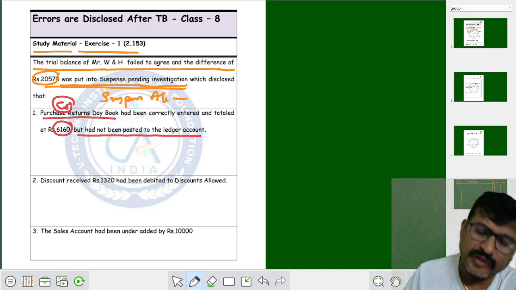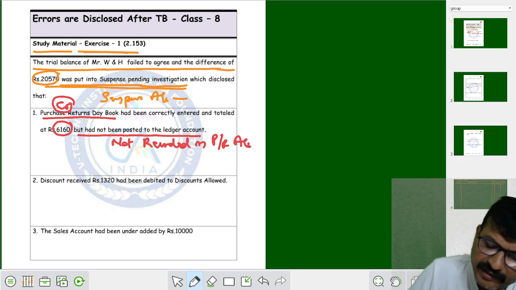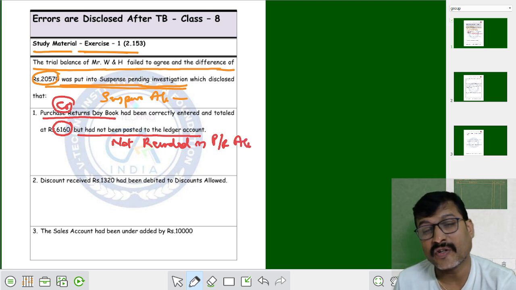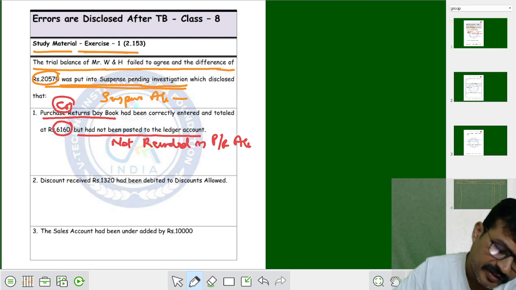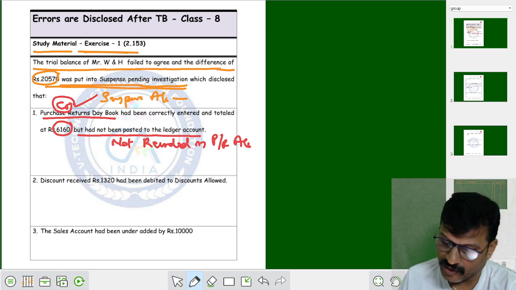Not been posted to the ledger account means not recorded in the purchase returns account. Purchase returns means it comes on the credit side. Did you people record it? No, it is not recorded.